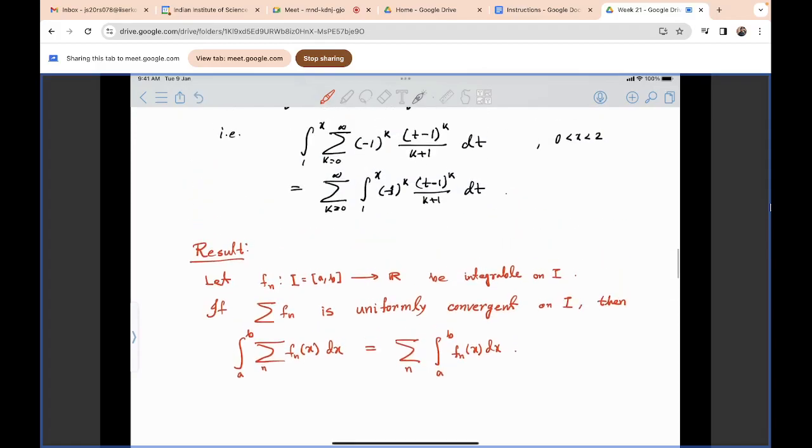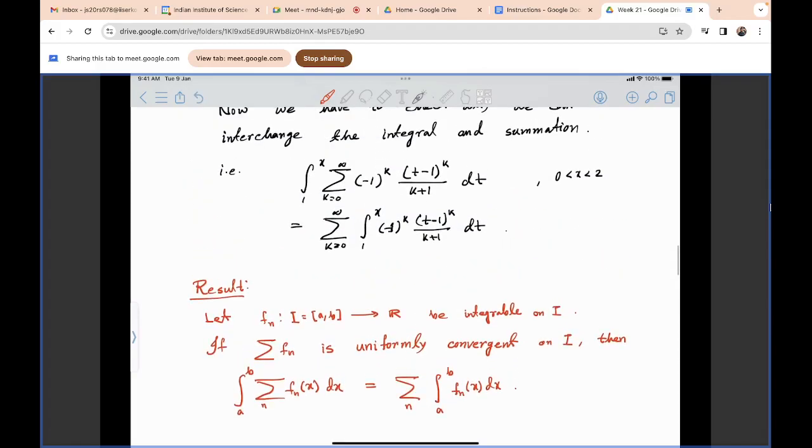So for that, here we have to check that this series is uniformly convergent.